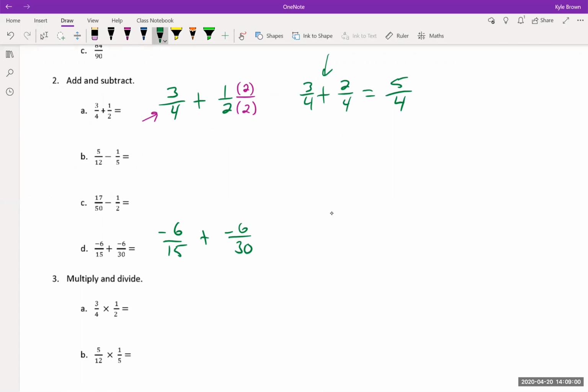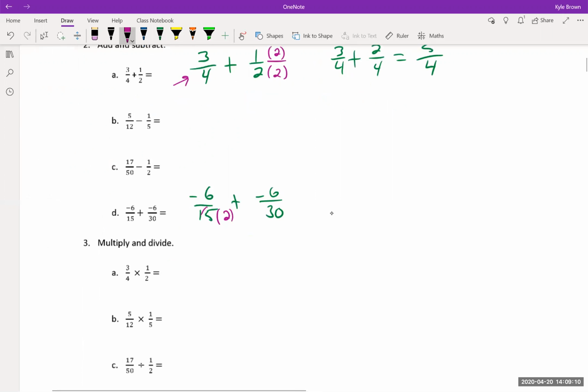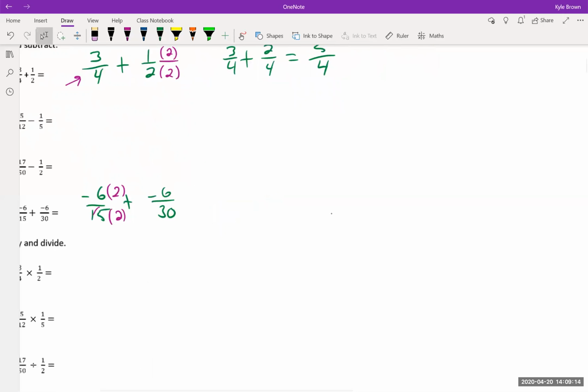Let's do it the same way, just to keep it the same. So I need them to be the same. I'm going to multiply the bottom by 2 and the top by 2. So this becomes negative 6 times 2 is 12 over 30, equals, and then I've still got plus negative 6 over 30.